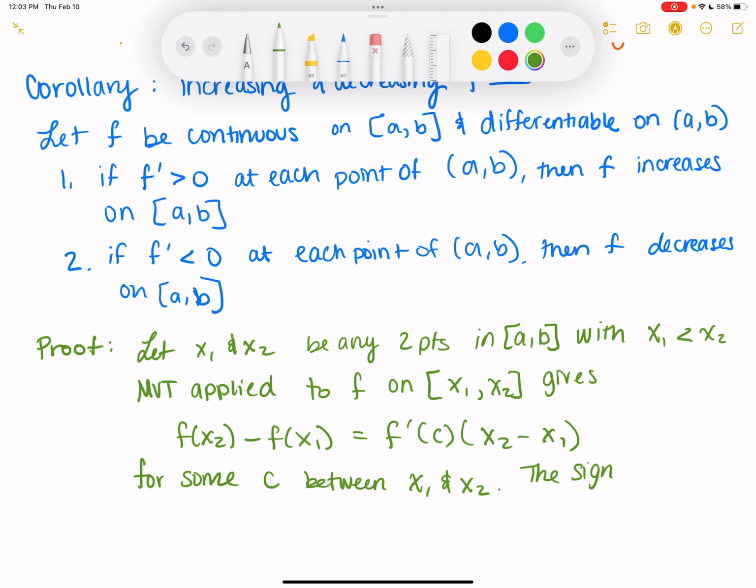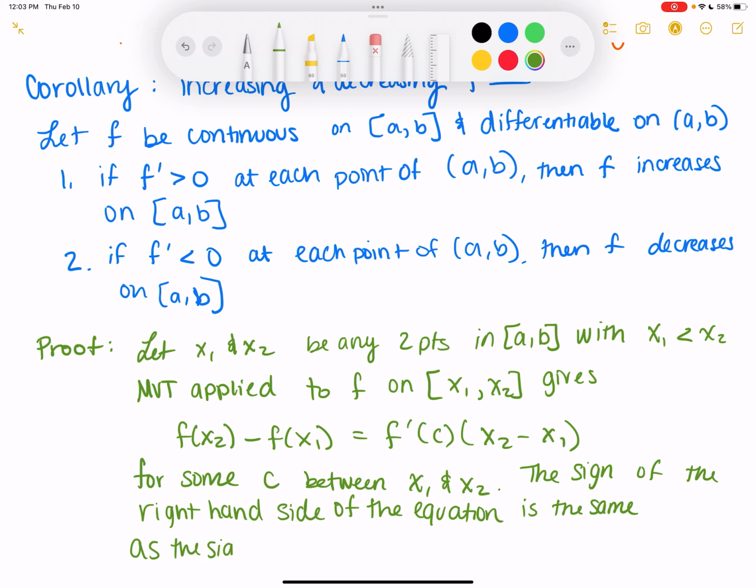the sign of the right hand side of the equation is the same as the sign of f prime of c, because x2 minus x1 is going to be positive.